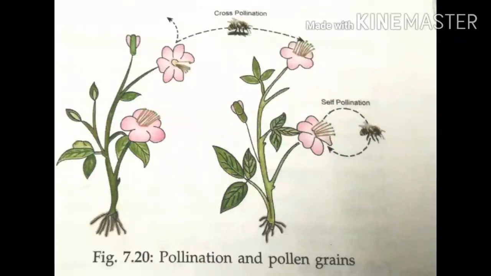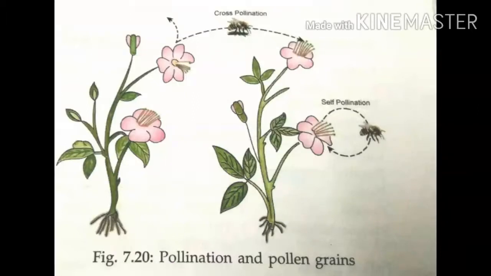Pollen grains reach the stigma by means like wind, water, birds, insects and so on. These pollen grains are dust-like fine yellow particles released from the anthers of the flower on maturity.